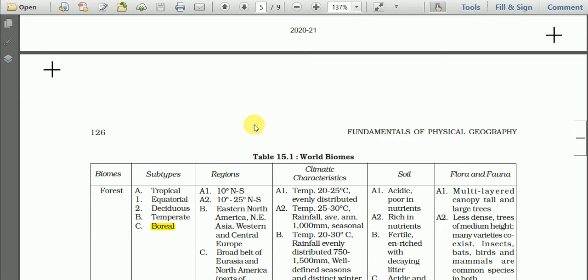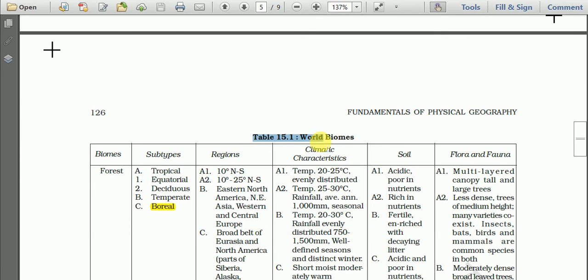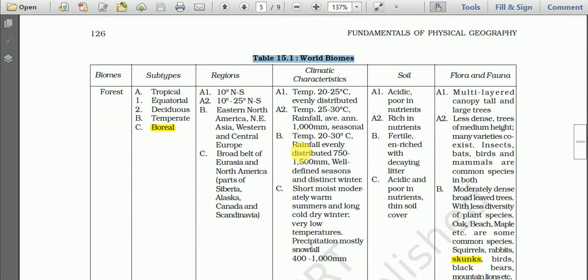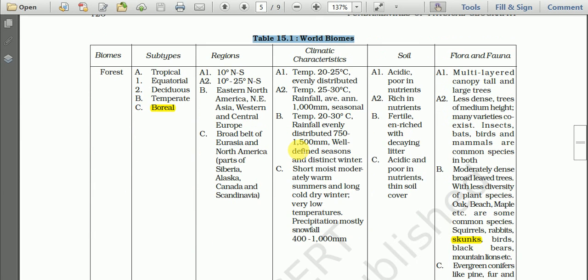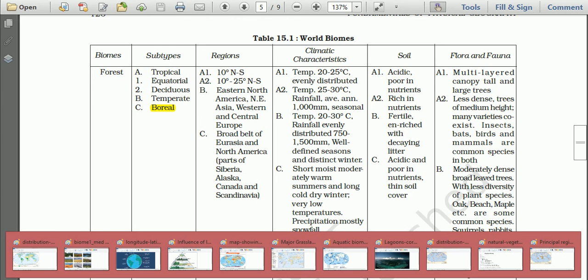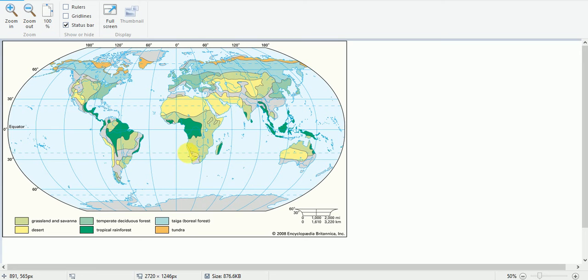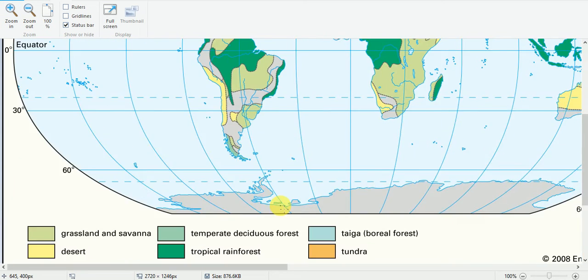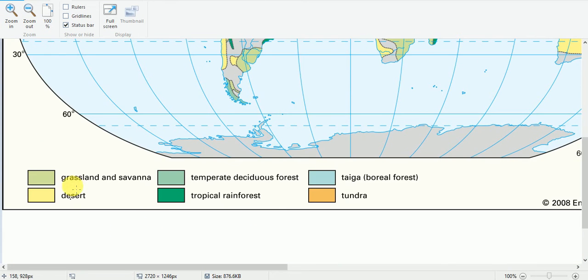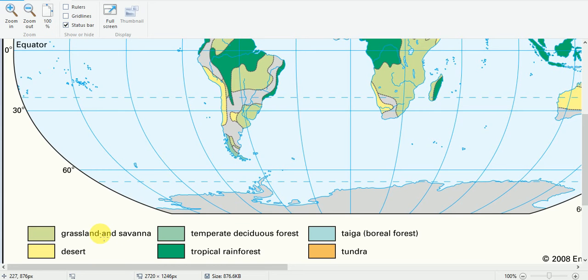So this is table number 15.1. Now let us read. Before we read this table, we have a map here. This map shows the distribution of biomes on the earth. See the color codes.